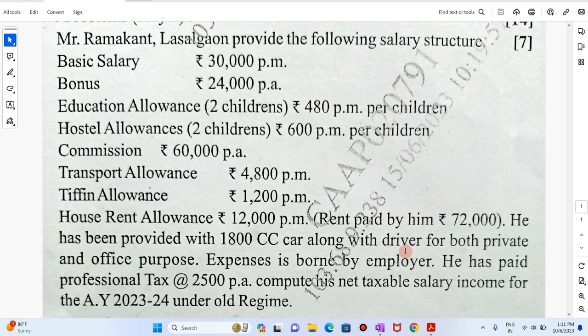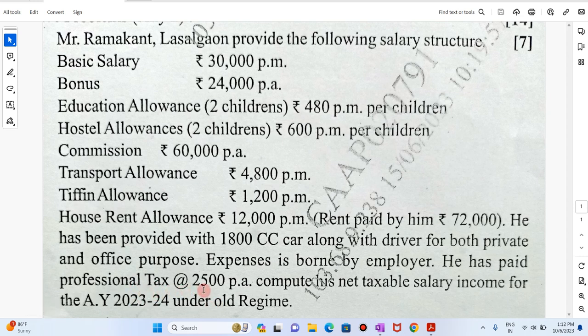The car is being used for private as well as for office purpose. So we have to find the valuation of motor car, and whatever expenses of this car is being borne by the employer.